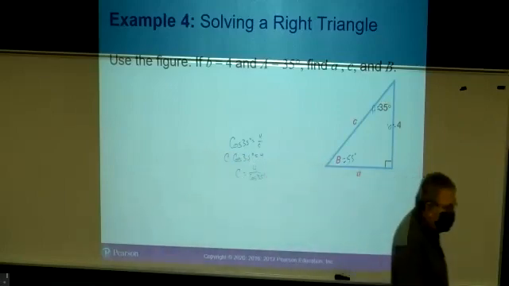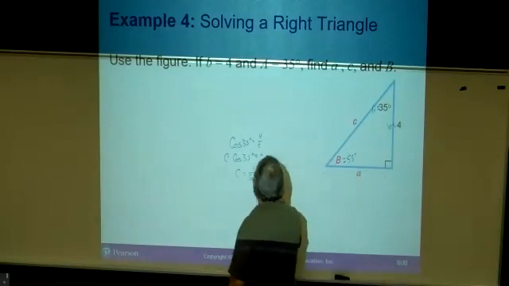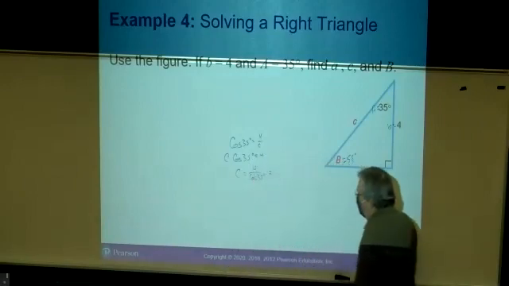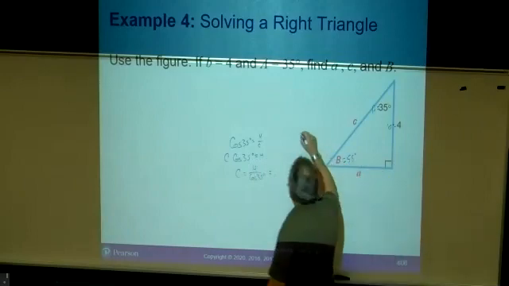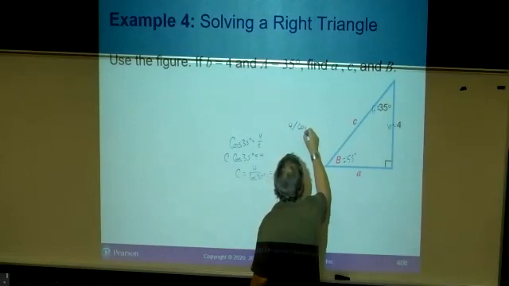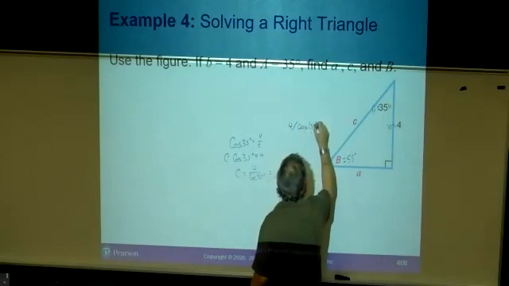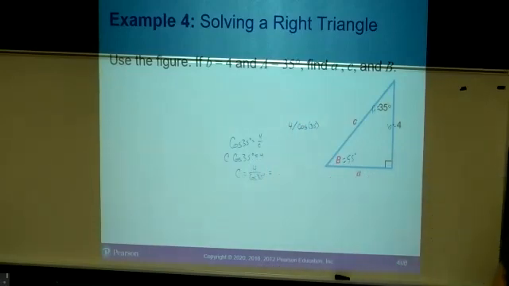So you punch that into the calculator. What do you get? So type it into the calculator as 4 divided by cosine 35. First, you need to make sure that your calculator is in degree mode for the angles.